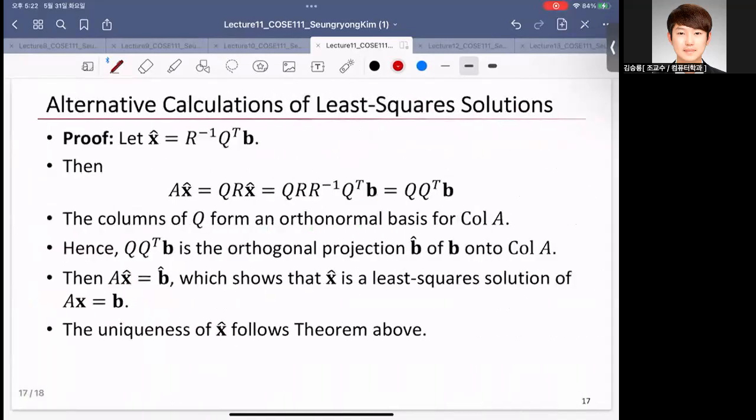Let's prove. First of all, let x hat equal the inverse of R times Q transpose b. Then the original equation A x hat. Oh, sorry. Sorry about that.